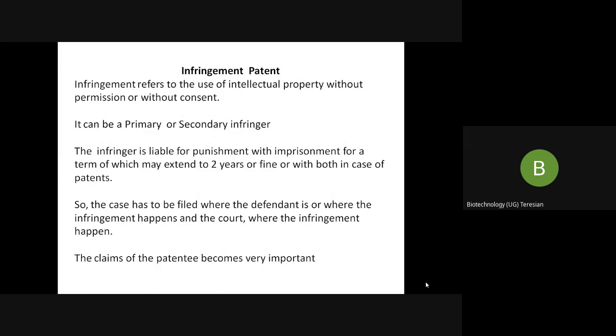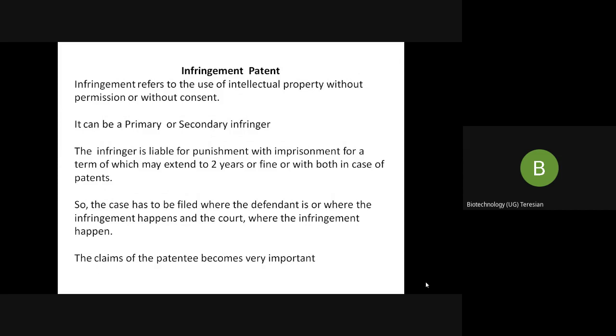The primary infringer is the first person, and the secondary infringer is one who supports the primary infringer. For example, if you have a design and your competitor also manufactures the same design without patent protection, he becomes a primary infringer.